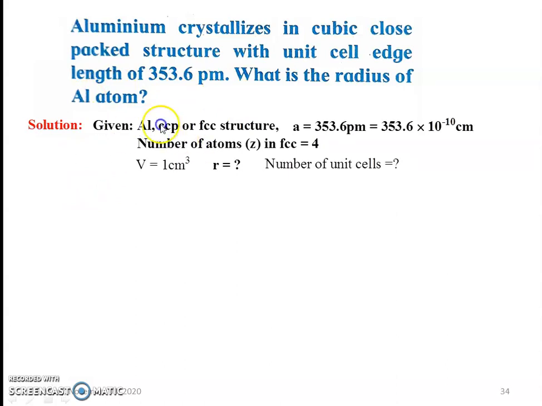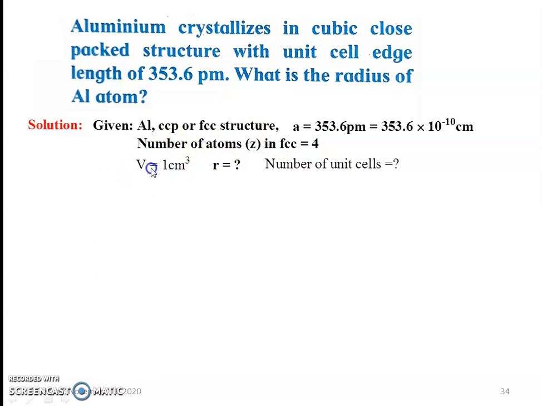Aluminium crystallizes in cubic close packed system, or face centered structure. Edge length is given, 353.6 picometer, which is equal to 353.6 into 10 raised to minus 10 centimeter, because I already told you 1 picometer is equal to 10 raised to minus 10 centimeter. Now the number of atoms present in FCC is equal to 4.